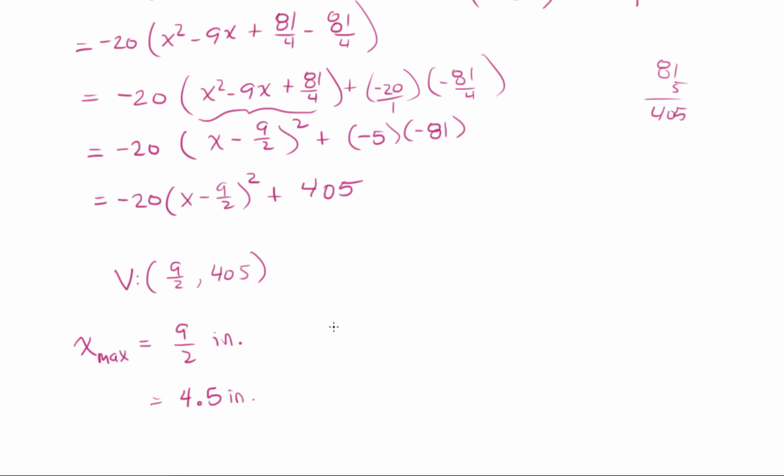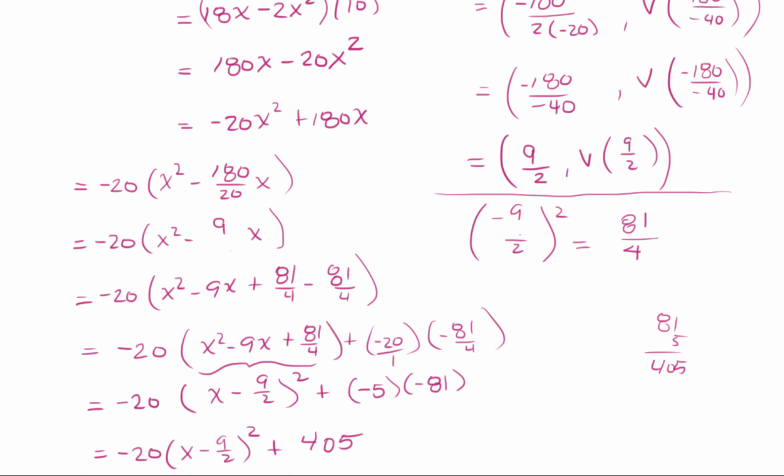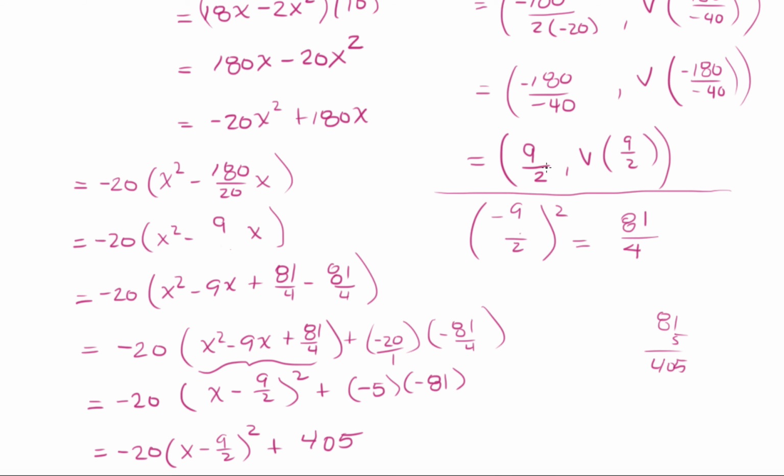And that will create a maximum volume, V max, of 405 inches cubed. Now that 405 can also be found by plugging 9 over 2 into your volume function.